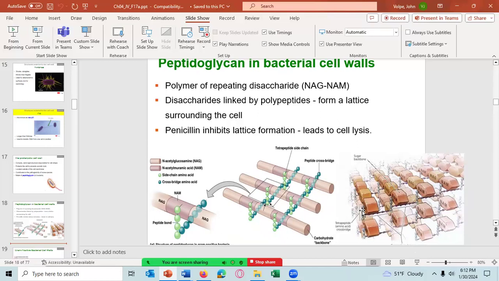So this peptide holds this row of peptidoglycan together with this row of peptidoglycan. And then this peptide links on to this peptide and that peptide, these peptides holding the two rows together. This peptide together with these two peptides hold this row to that row.